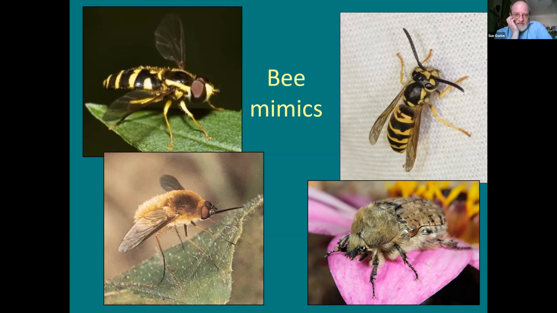Some bee mimics include the syrphid or hover or flower flies, like on the upper left. That's a wasp at the lower right, and I'll show some characteristics here. I think you'll be able to see my arrow dancing around here. Look at the eyes of this fly and how big and forward facing they are. Sometimes with males, they even touch in the center, as opposed to the eyes of the Hymenoptera.